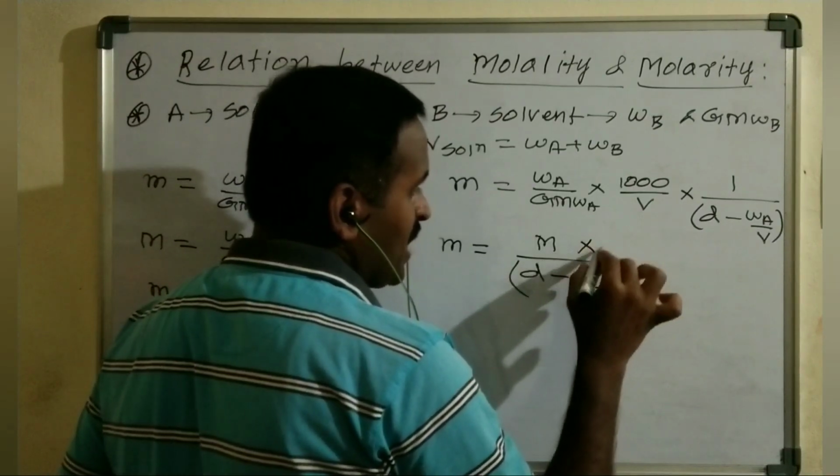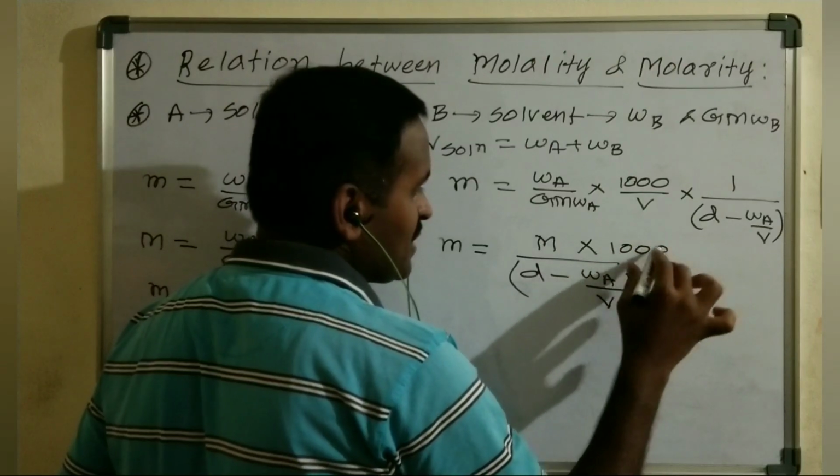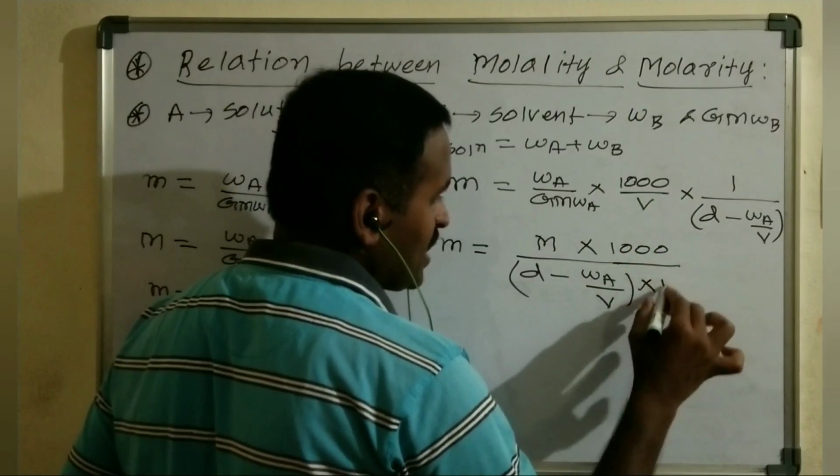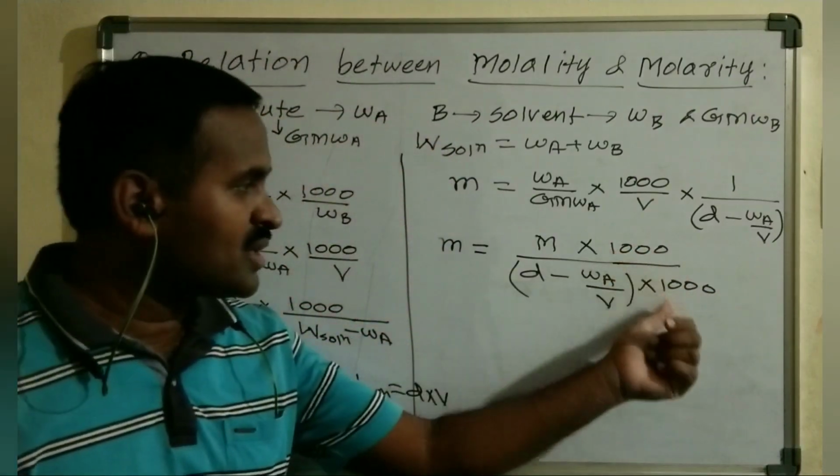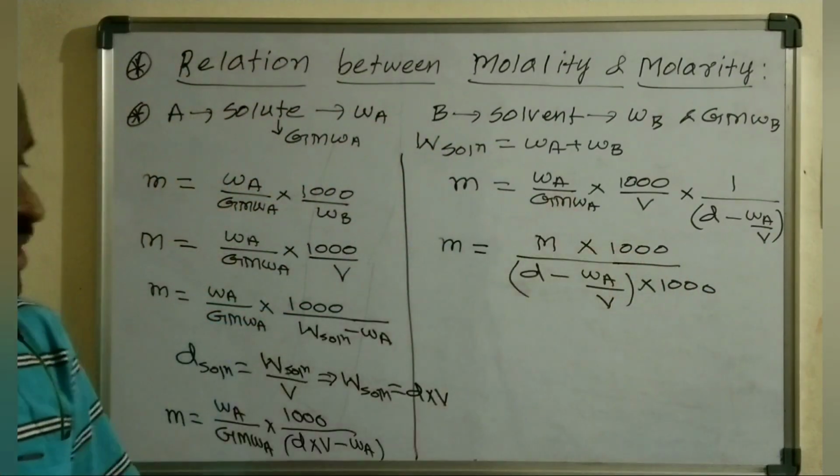I'm multiplying and dividing the expression with 1000. So 1000 and 1000 will get cancelled, and you will get the same thing.